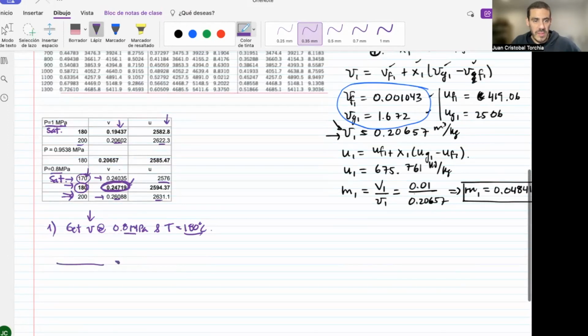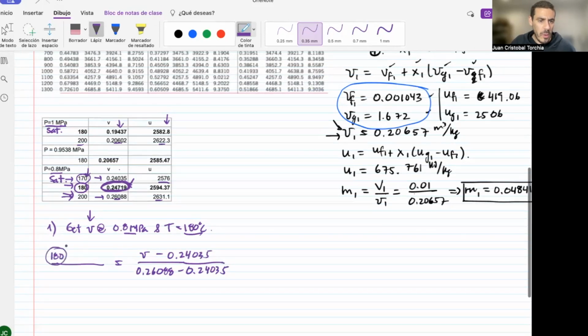So what I'm going to put in interpolation, the mathematical expression, is this. It's not very complicated, okay? But you need to have a lot of information. So I'm going to put here the V that I don't know, minus 0.24035, okay? And then 0.26088 minus 0.24035. And in this part I'm going to put the temperatures, and the temperature is 180.